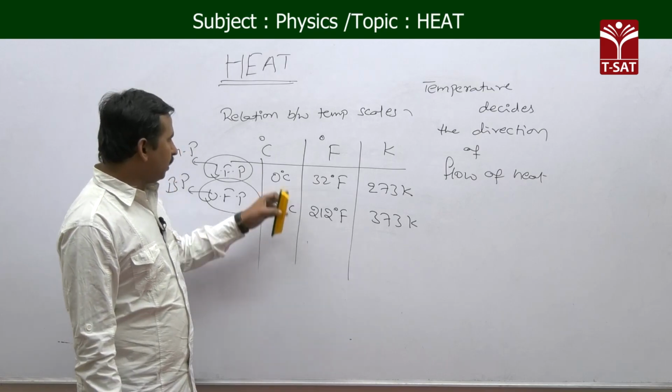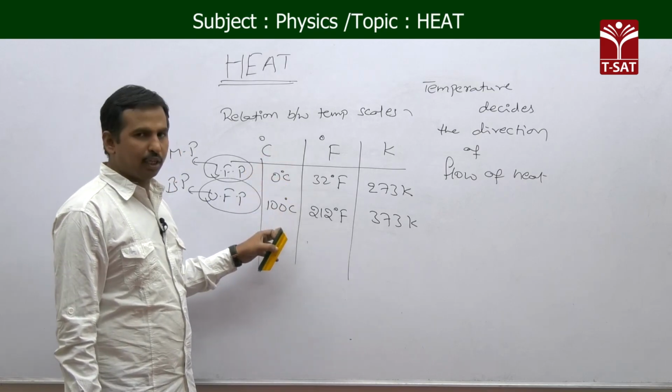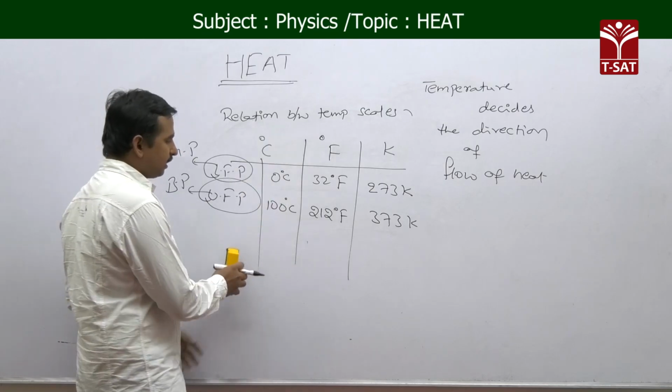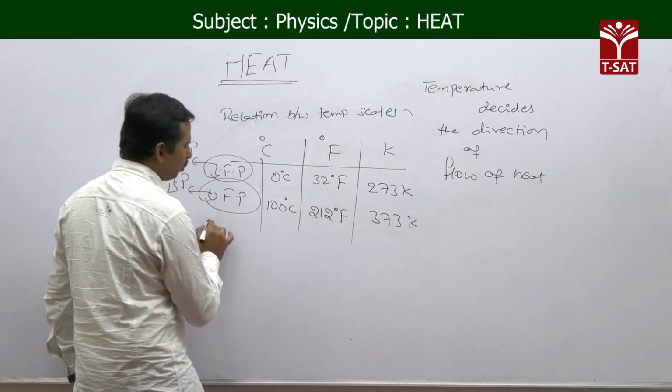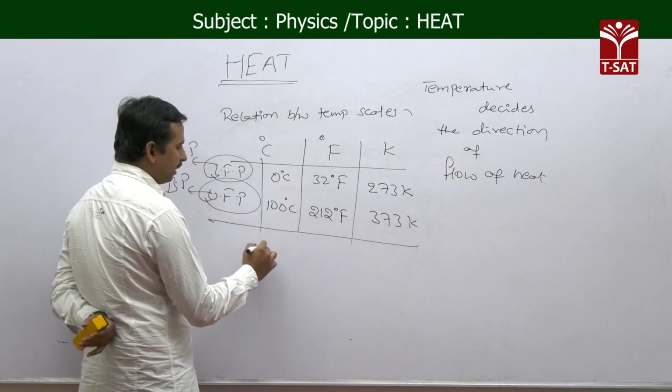Now if you see here, it ranges from 0 to 100, so on the Celsius scale there are a total of 100 divisions.